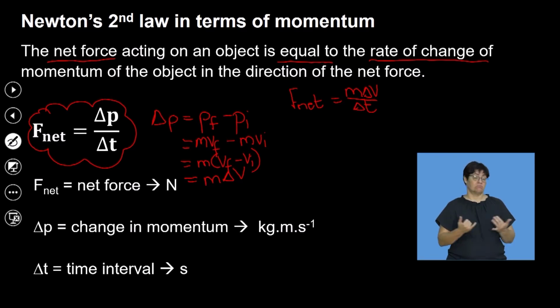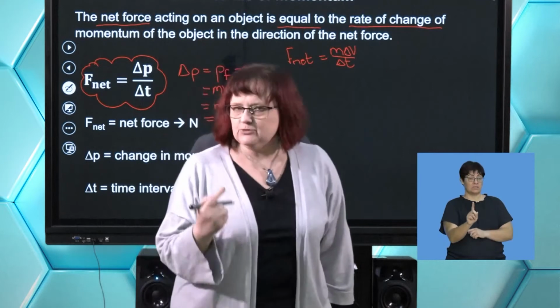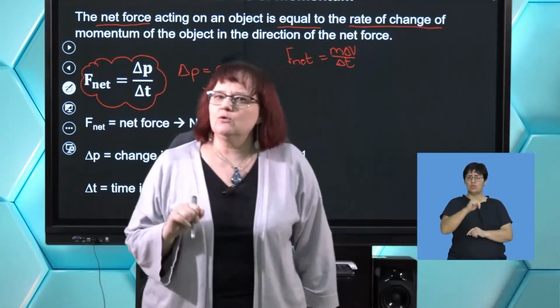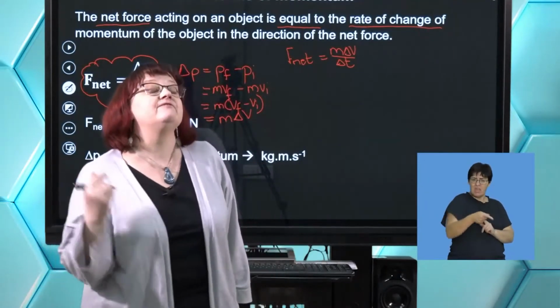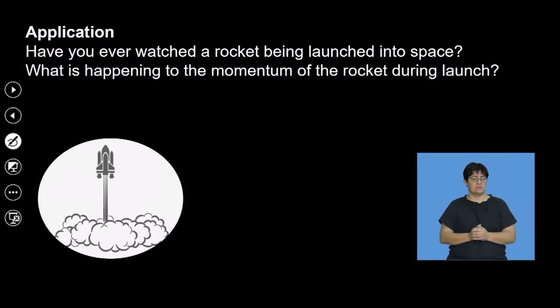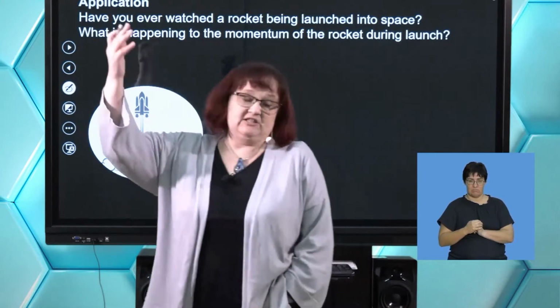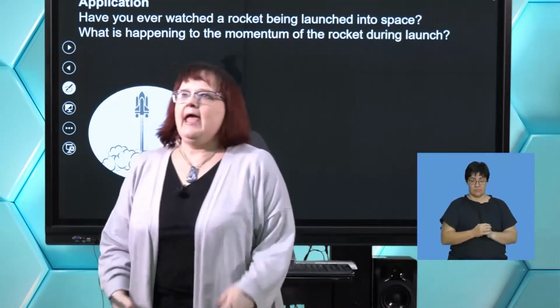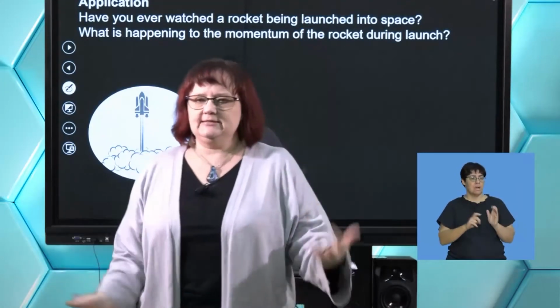Now, we've only considered what happens when the velocity changes. But Newton's second law in terms of momentum is actually very useful for something else. And that is for when a rocket gets launched, okay? So a spaceship, a space rocket, whatever, we launch something up in the air, and we try and work out what the acceleration is.